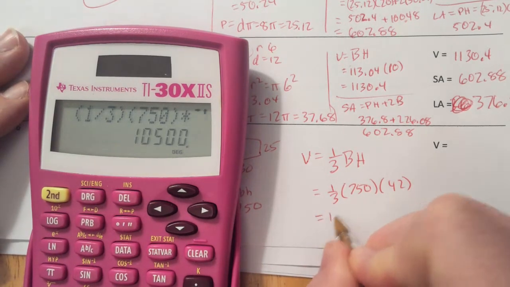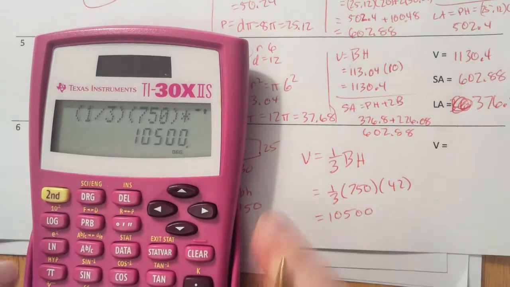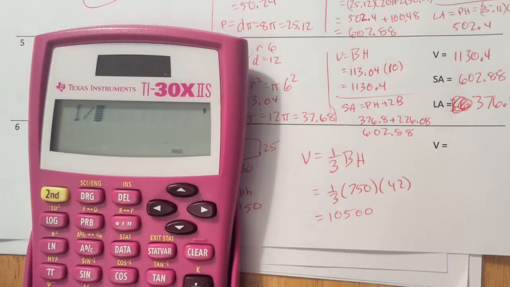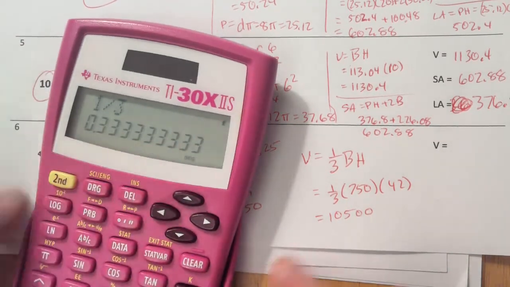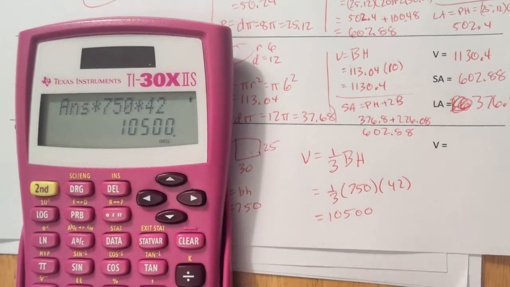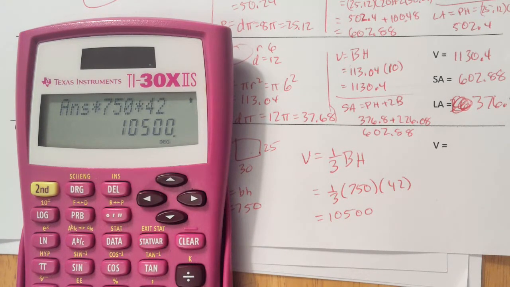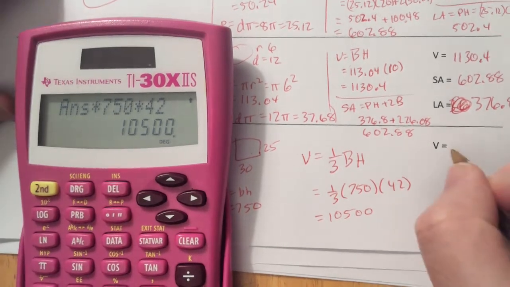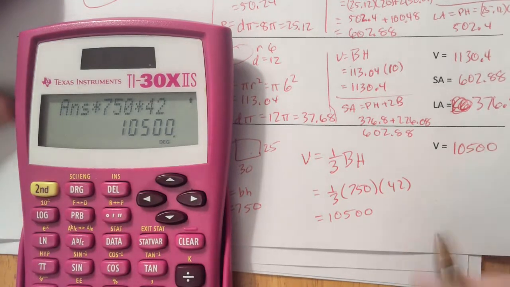We get 10500. Now, what if you didn't have this kind of calculator? You do 1 divided by 3 equals, you get this big long decimal, times 750 times 42. If you just do 0.3, you're not going to get the right answer. If you do 0.333333333333333, then times these numbers, you have a better chance of getting the right answer. But that's it, 10500.